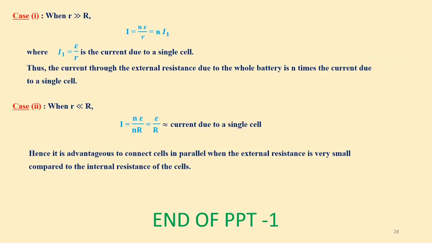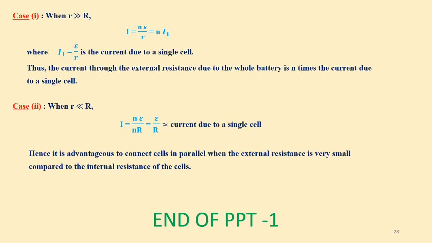Let us now discuss some special cases applied to the above equation. Case 1. When small r is very much greater than capital R. Since capital R is negligibly small, it can be neglected in the above equation. Therefore, current I is equal to nE divided by small r, which is equal to n times I1, where I1 is equal to E by r, the current due to a single cell.